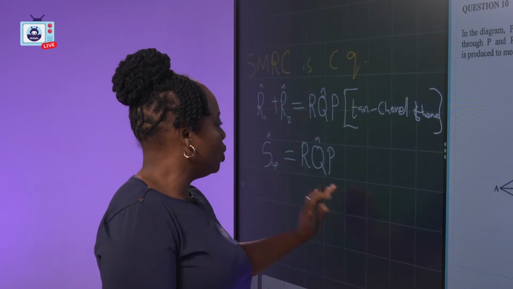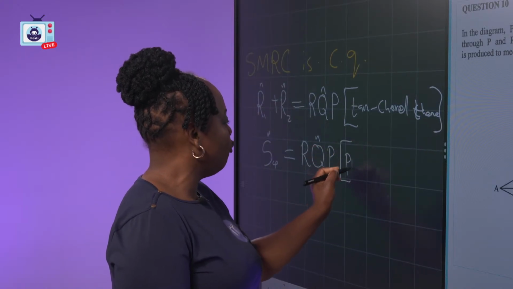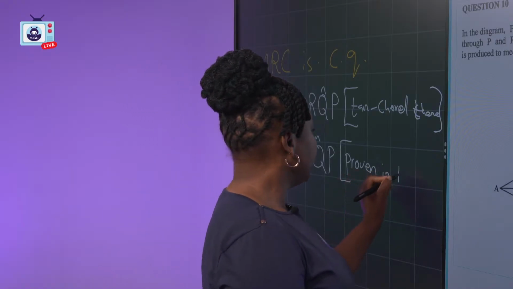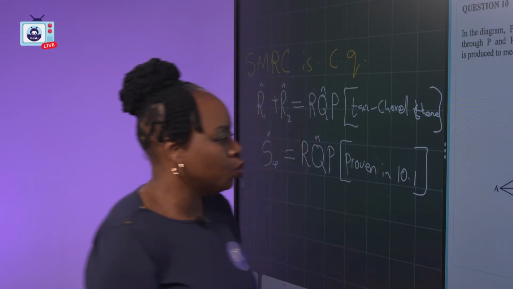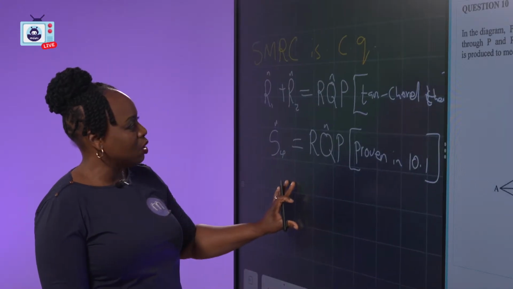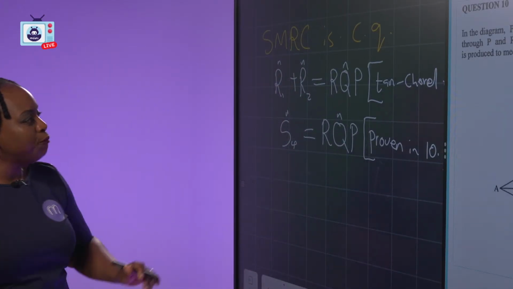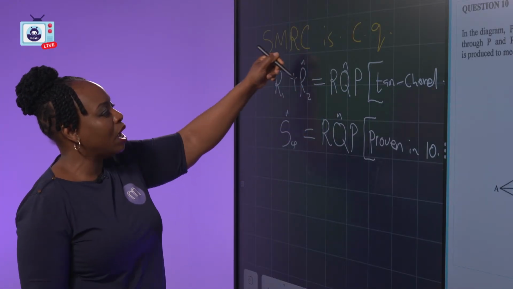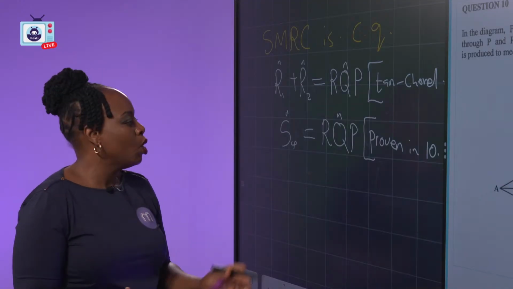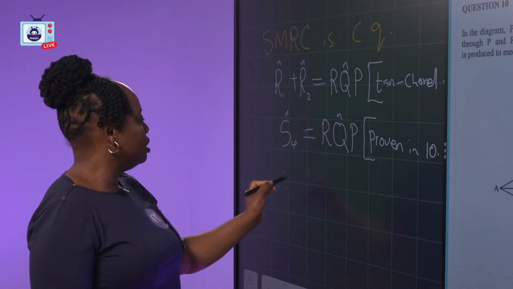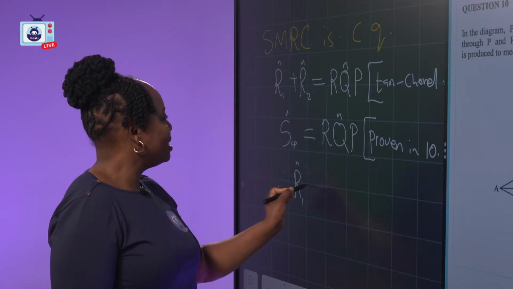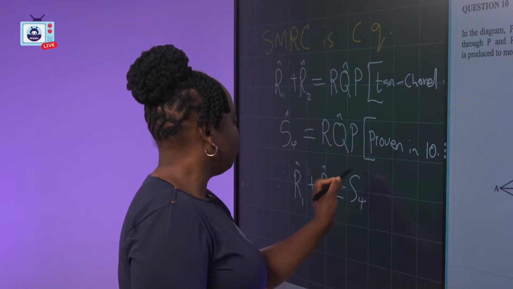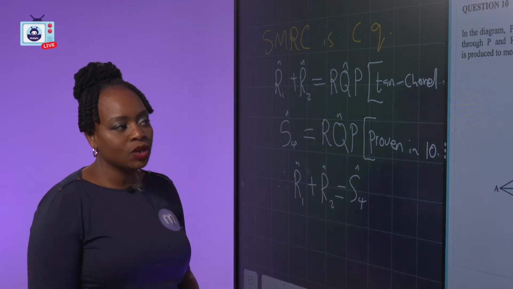Remember, where did we do that? This was proven above, or we can say proven in 10.1, because we have proved that this is equal. Look at that. So since we have proven that S4 equals the same angle that R1 plus R2 equals, therefore we can conclude that R1 plus R2 are both now equal to S4, which is what we were looking for.